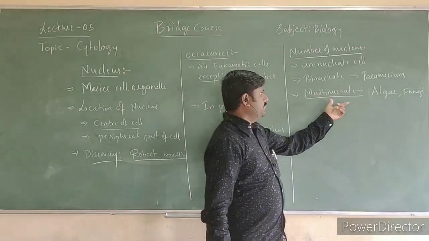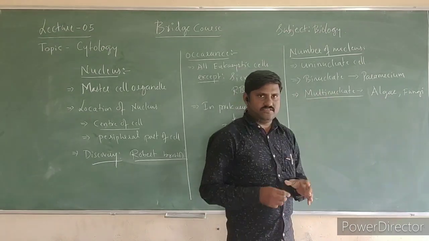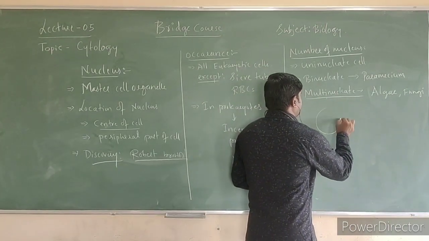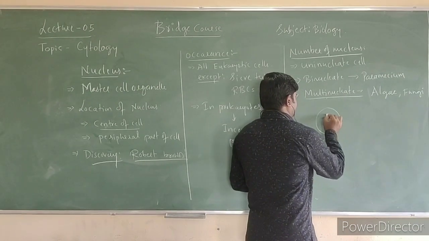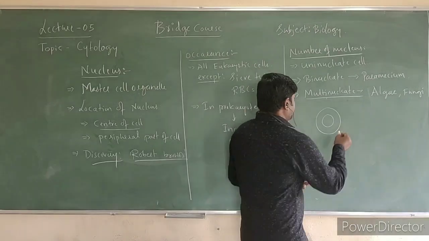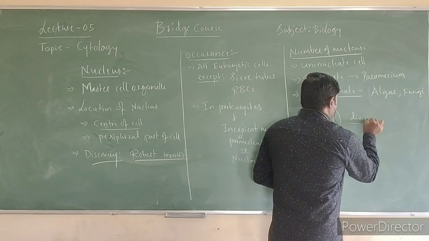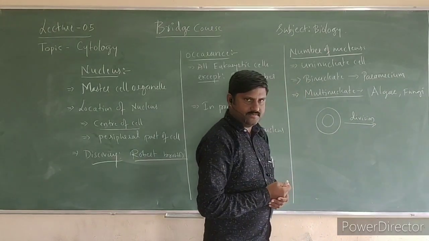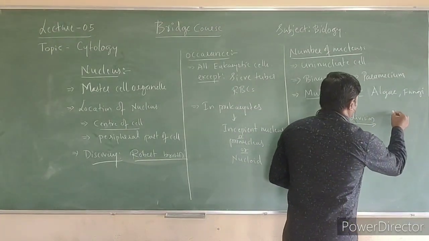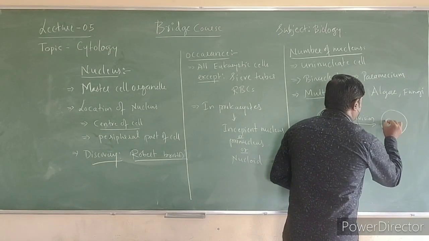Okay. In the multinucleate condition, why does it usually occur, the question arises. Sometimes what happens here is one single cell is there, it has a single nucleus. This cell undergoes division. When it divides, at that moment what happens? First of all, the nuclear division takes place.